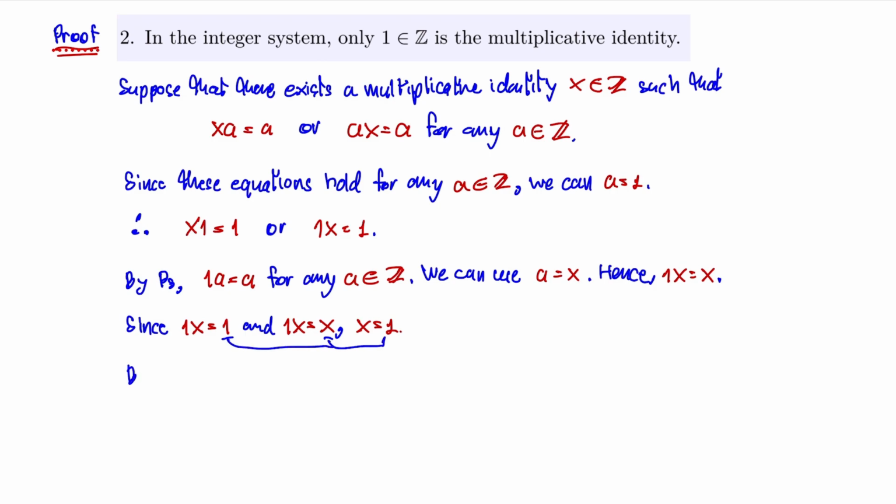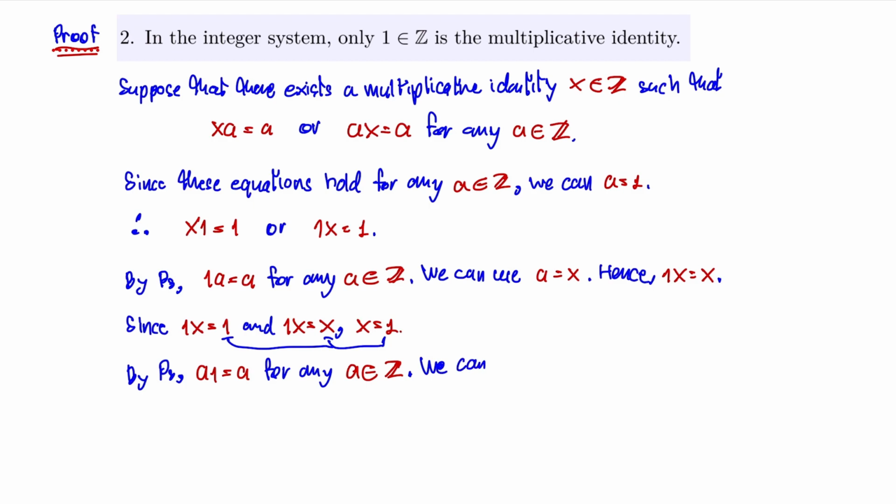And again, by P3, a1 equals a for any integer a.